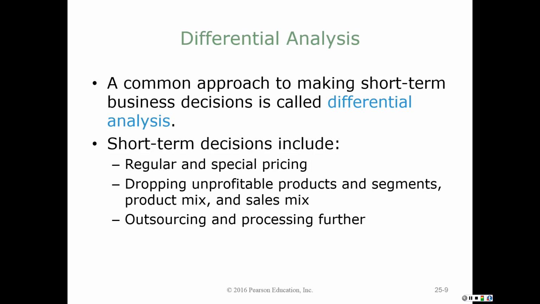And this differential analysis is often used in short-term decisions such as the regular and special pricing that I just mentioned, deciding whether to drop an unprofitable product, line, division, or segment, and deciding when to outsource or process further products. So these are all situations when we will use differential analysis, and we will be required to identify what information is relevant to these particular approaches.